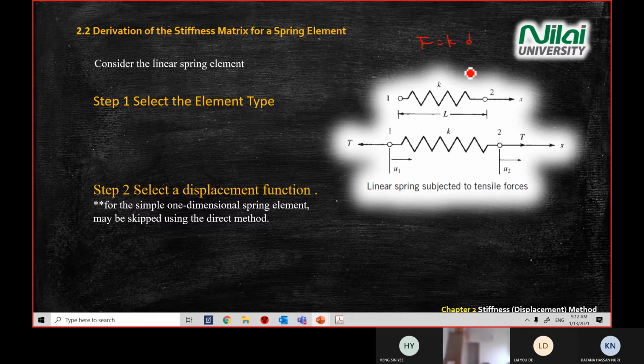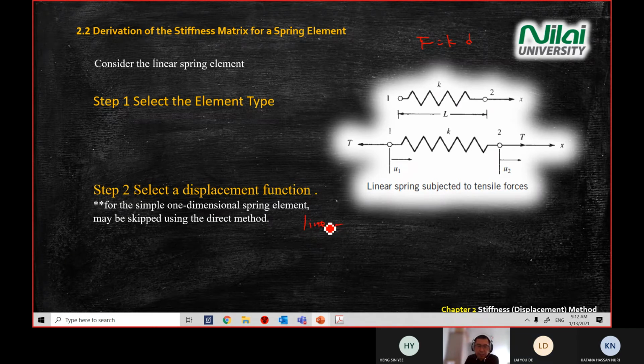Like F equal to KD, what type of equation is this? Easy, linear. Correct. The answer is correct. So again, you will have a linear equation.